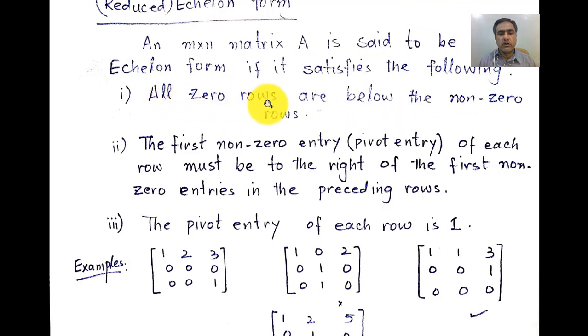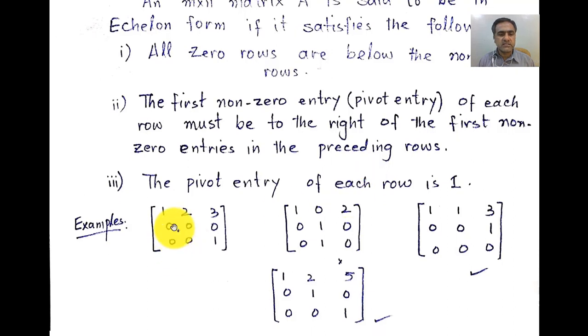Number one, all zero rows are below the non-zero rows. Number two, the first non-zero entry, which we call the leading entry or the pivot entry of each row, must be to the right of the first non-zero entries in the preceding rows. So it means that as we go down in the matrix, the first non-zero entry of each row is moving to the right. And the third one is that the pivot entry of each row is 1.